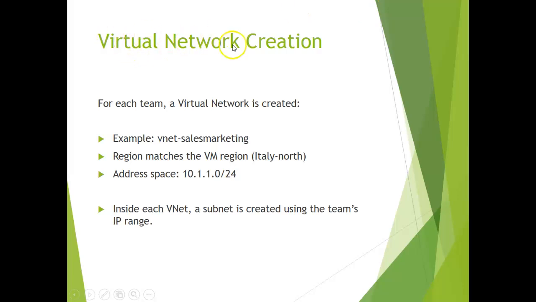So remember when we created our virtual network, for each team a virtual network was created. An example was a virtual network for sales and marketing, and the region matches what I was using before, Italy North. It was a /24 network, and inside each virtual network a subnet was created using the team's IP range.